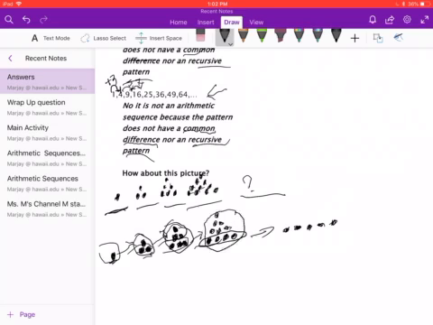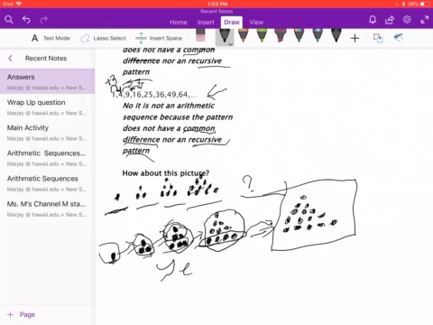And this whole thing is going to go on top of it. So this is how the 5th figure will look like. And yes, this is an arithmetic pattern.